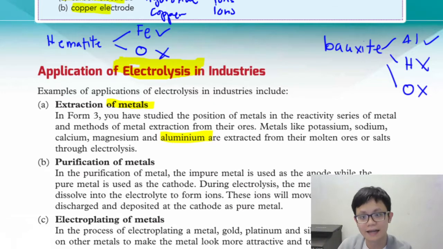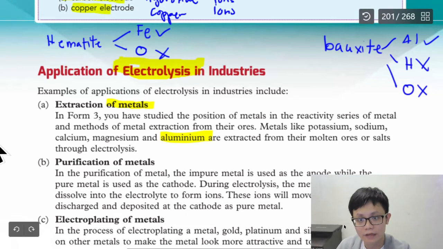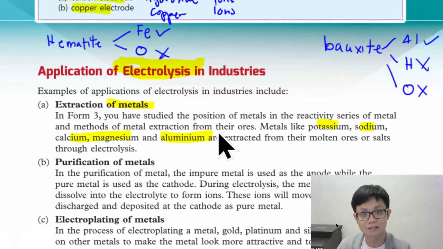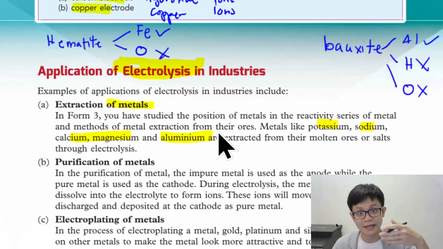But we can see that in this book, it mentioned potassium, sodium, calcium, magnesium, and aluminium. It does not mention iron, but if you still remember, iron is less reactive than carbon.